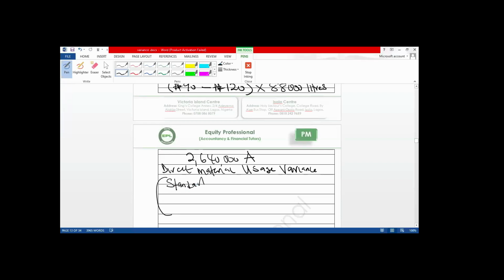Standard material for actual production minus actual material for actual production, multiplied by standard material price.